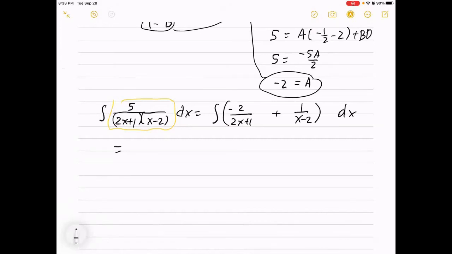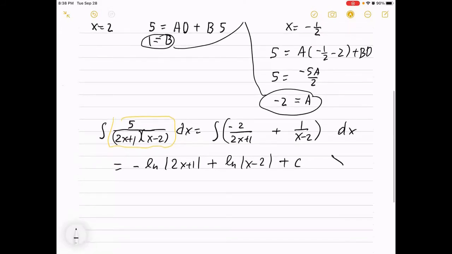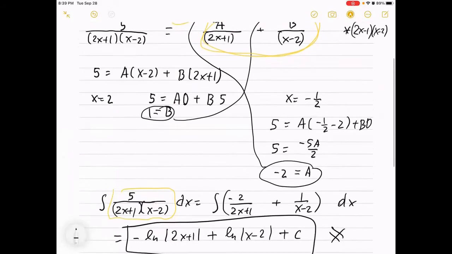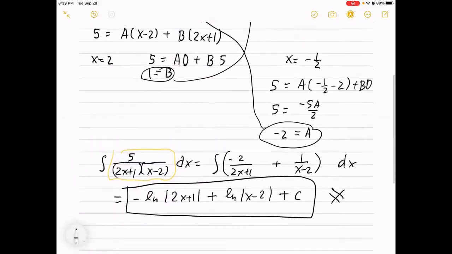So we're going to get negative natural log of 2x plus 1 plus natural log of x minus 2 plus c. And then we're going to be done. That's going to be our final answer. So that's how fractional decomposition works.